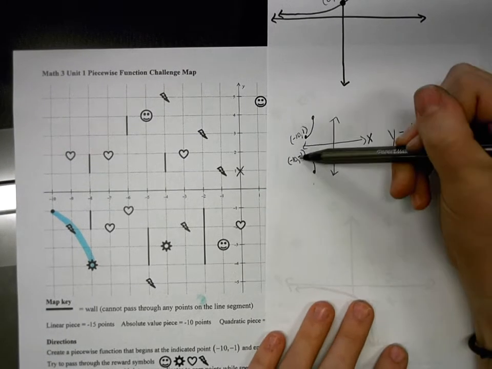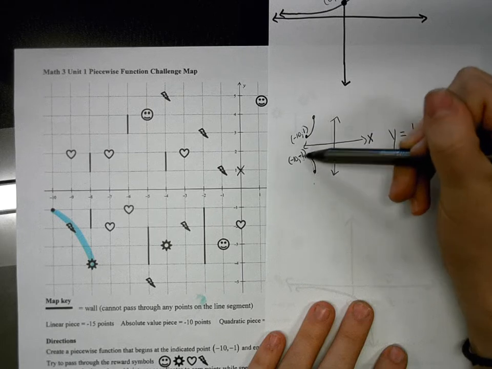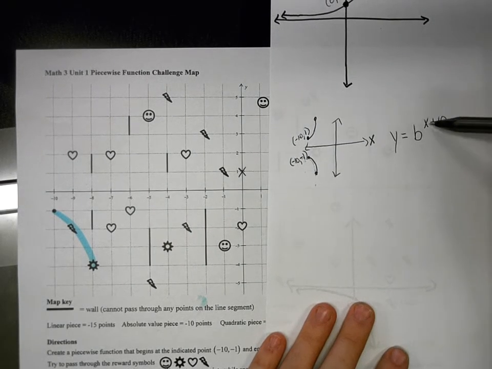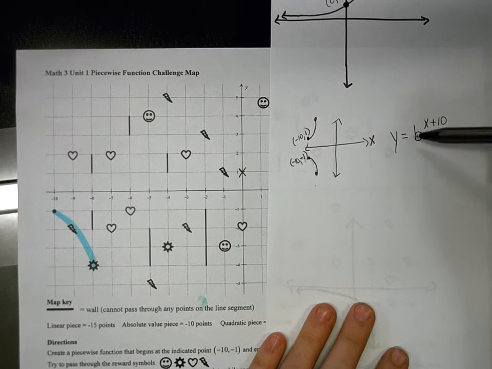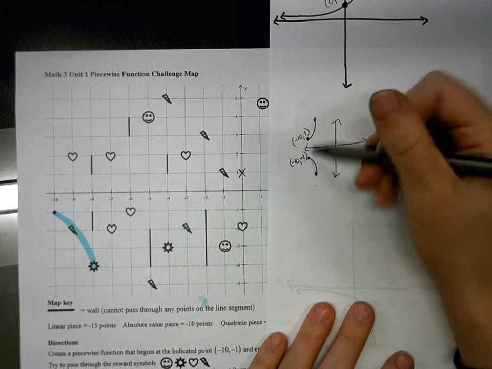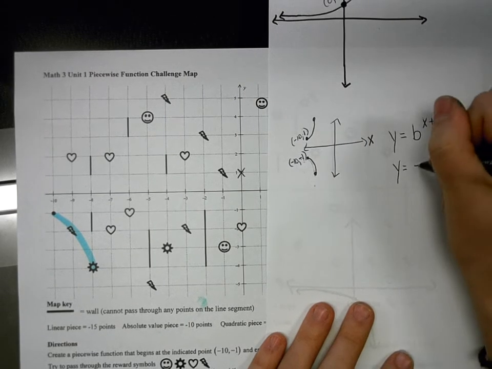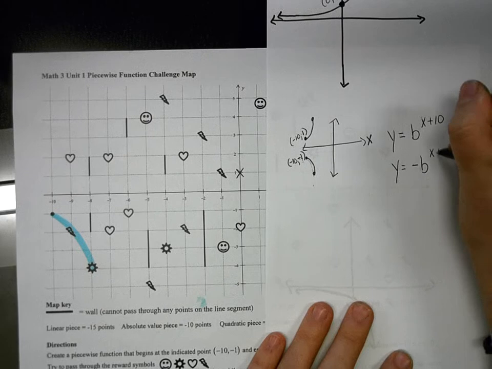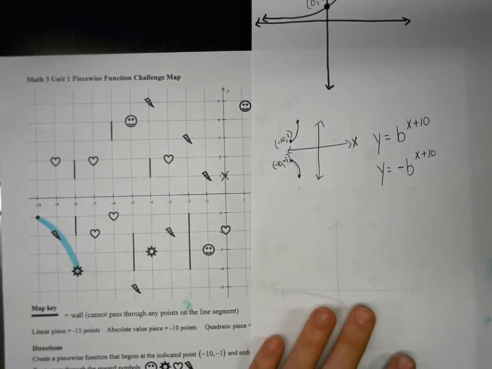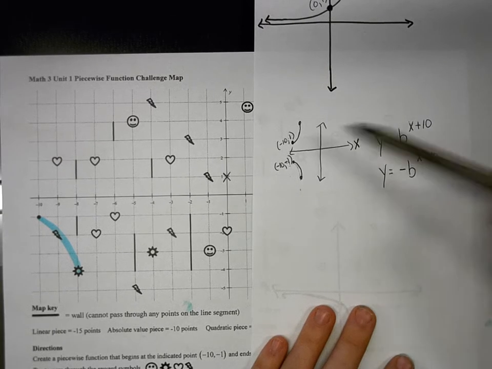When I drew in those points to show my reflection, my x value is the one that stayed the same and my y value is the one that changed. So your x value should stay the same and your y value should become the opposite. So it's negative out in front because I now have a decreasing function. Okay, so that's where the negative goes if you reflect over the x-axis. If I reflect over y, that would be a different story.